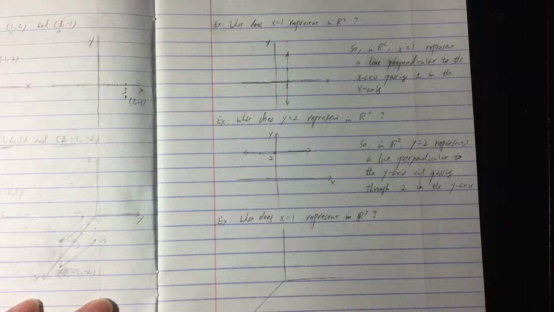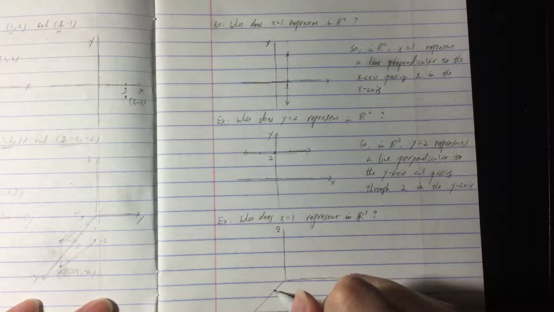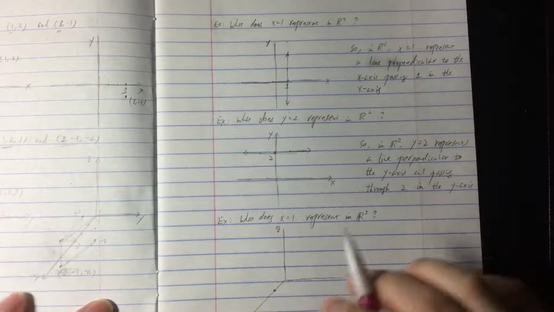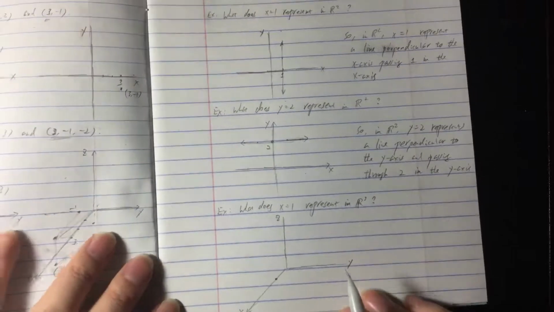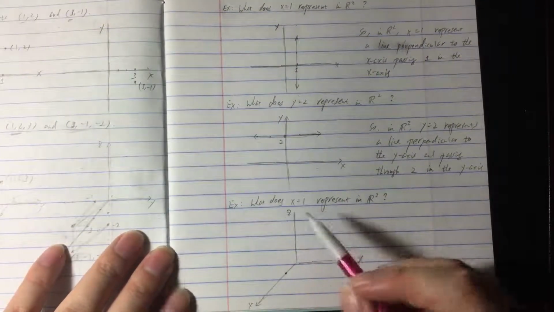So that's the x-axis, that's the y-axis, that's the z-axis. x equal to 1, 1 is here in the x-axis. It represents the set of all points that satisfy this equation x equal to 1.